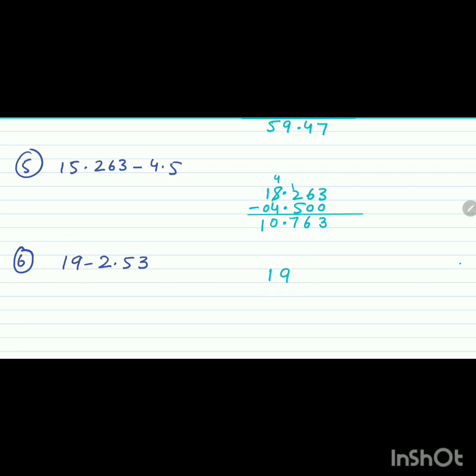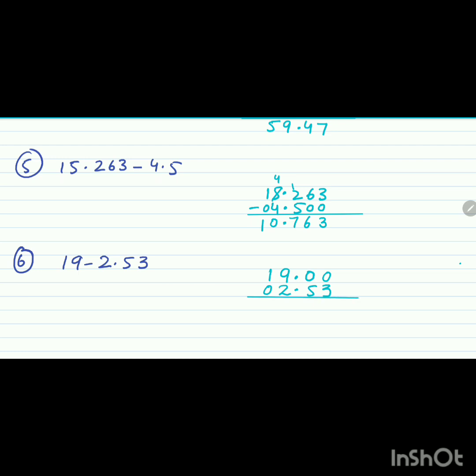How do we write 2.53 under 19? As I told you, 19 means 19.0. You can make it 19.0. So now you can write 2.53 under 19.0 easily. Now you will just fill the empty spaces with 0.